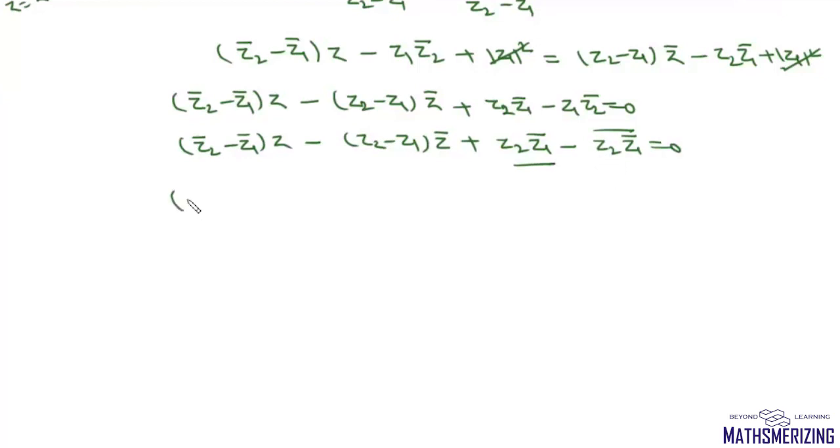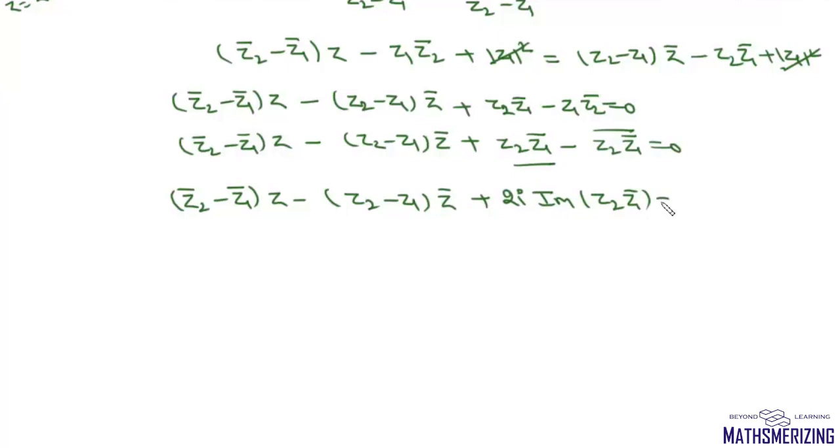So we can write this as (z2 bar minus z1 bar) z minus (z2 minus z1) z bar plus 2 iota imaginary part of z2 z1 bar will be equal to 0.